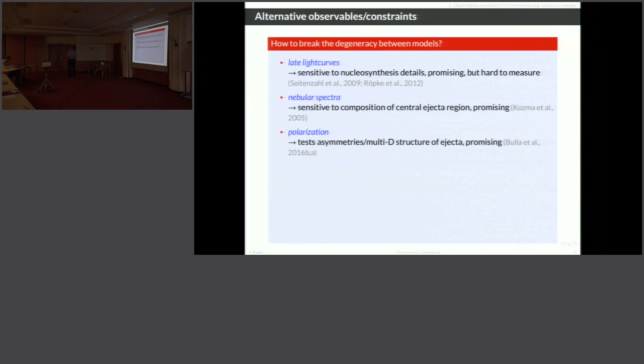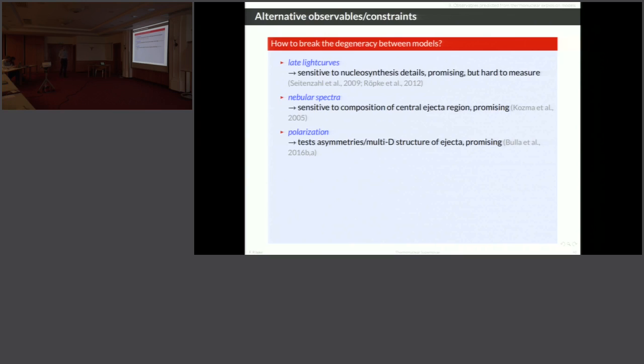So in this way, you can, in principle, test the inner parts of the ejecta. The prediction of nebular spectra, however, is still a rather complicated business. People are working on this at the moment in Belfast, in Stuart Sim's group, for instance, and we are hoping to be able to compute nebular spectra in a more standard way in our pipeline, but this is not the case at the moment.